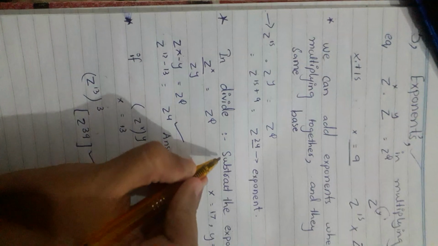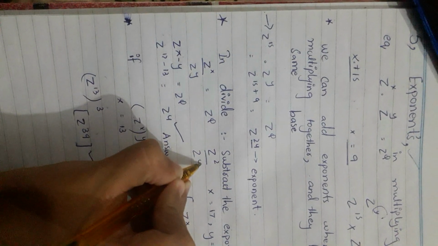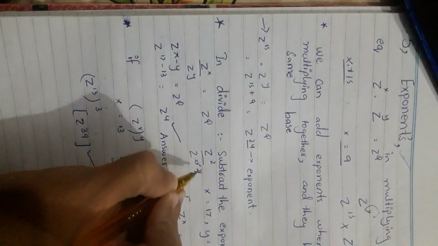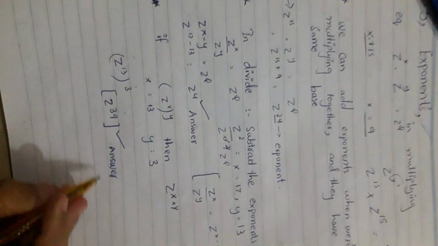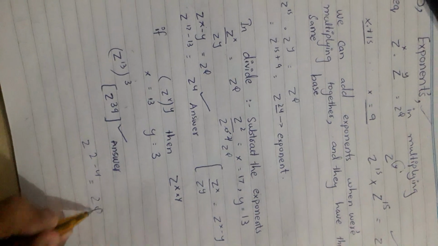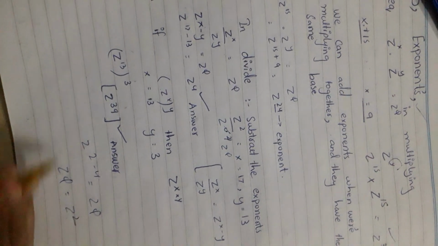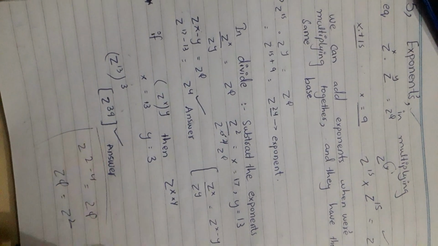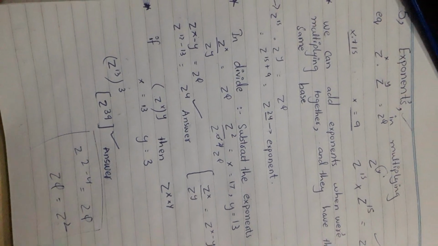For example, there is a value z to the 2 upon z to the 4, is equal to z to the power of 2 minus 4, which is z to the minus 2. That's how we form a divisional form, by dividing our variables, our bases, and that's how it works.